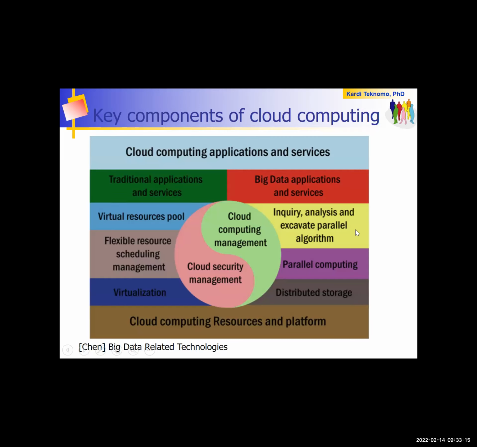So these are the key components of cloud computing. If you look at this, there are many components. We have virtualization, parallel computing, distributed storage, big data application and service, and so on. So what happened is this.